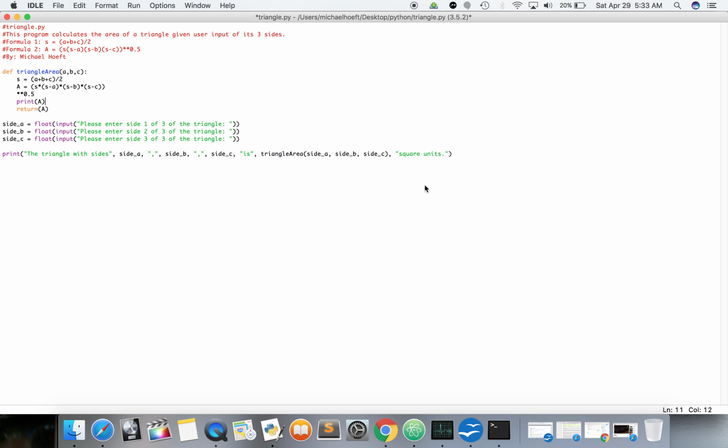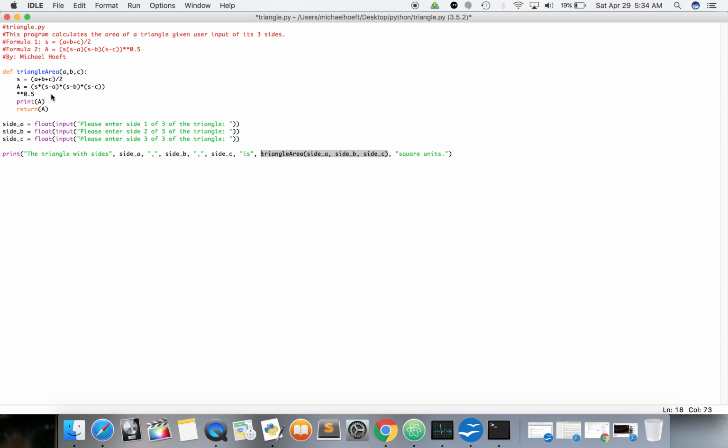I don't think our issue is here. I think we did this right: triangle area, ABC, these are the arguments, and then we sent them up here into these parameters, and we spit them out here. A plus B plus C is straight up 12, divided by 2 is 6.